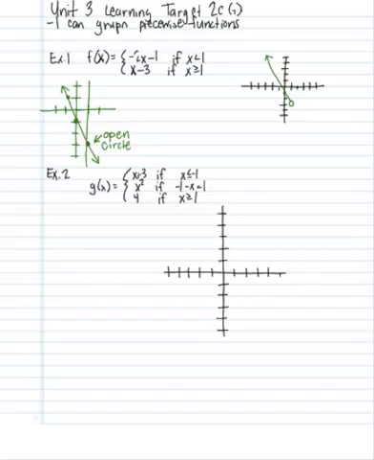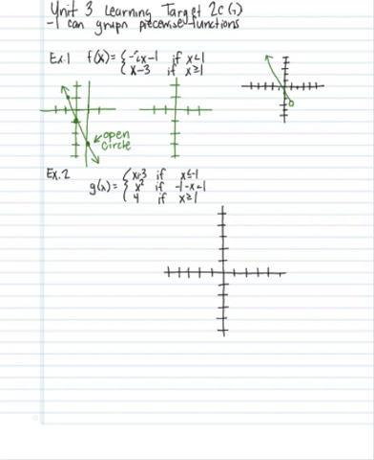Alright, so let's look at the second piece of that piecewise function. I'm going to do the exact same thing. I'm going to draw a graph. I'm going to graph the whole thing, and then we'll only look and see which piece we need. So our y-intercept in this one is -3.